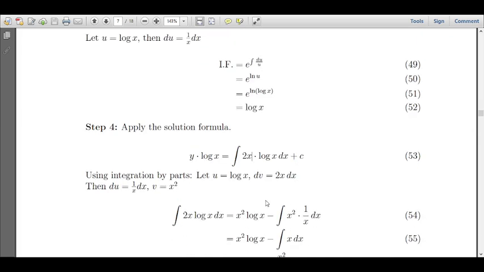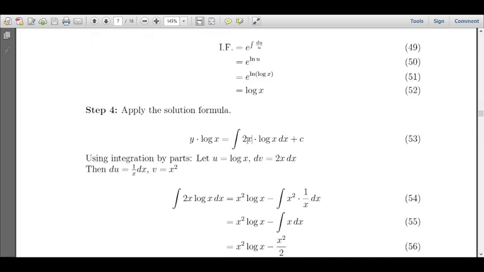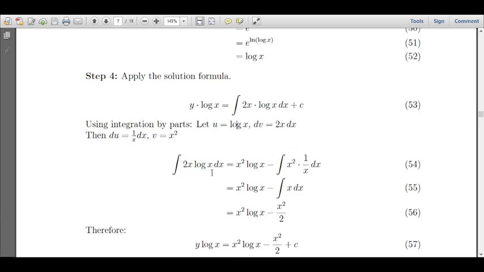Because this integrand is a product of two functions, the algebraic function 2x and the logarithmic function log x, we will apply integration by parts. By integration by parts, we take according to ILATE.